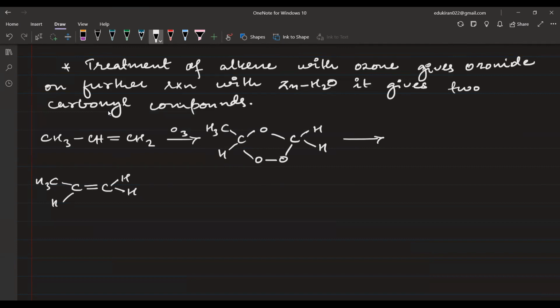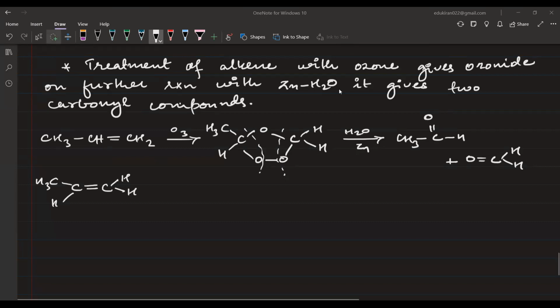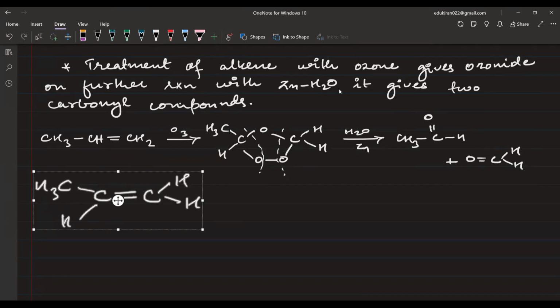Then in the presence of H2O and zinc, this breaks up and this breaks up. So here you are going to get CH3 connected to carbon, which is having a double bond O and hydrogen, plus C double bond O and two hydrogens like this. Okay, Josefa. Now, basically what you have to do is you just have to break this double bond. Please see this very carefully.